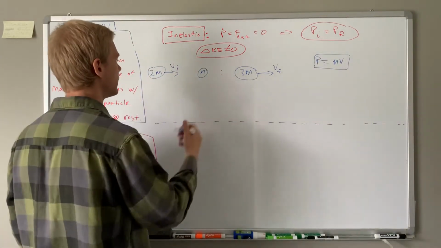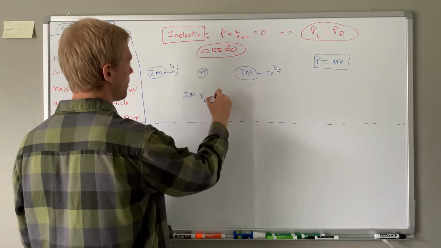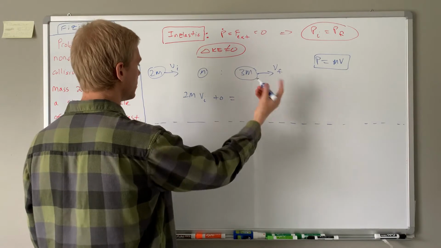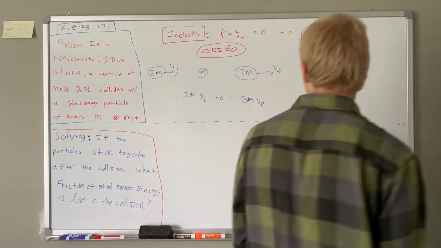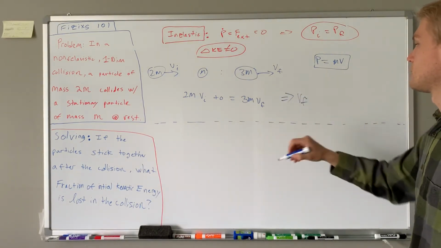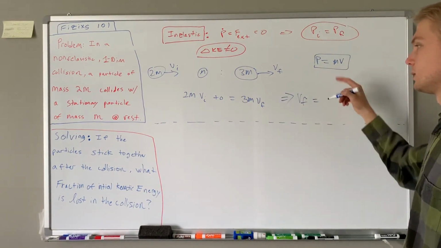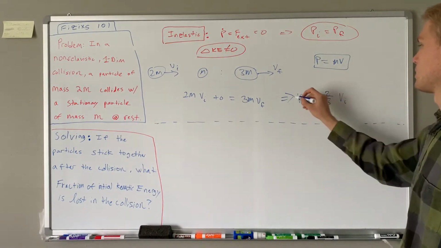So 2m times vi plus 0 is equal to 3m times vf, so you get vf is equal to 2/3 vi.